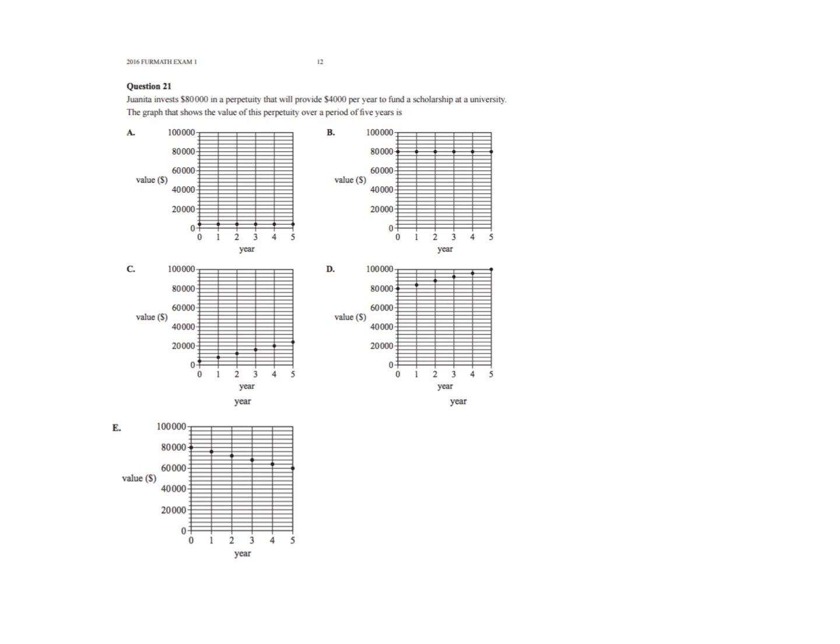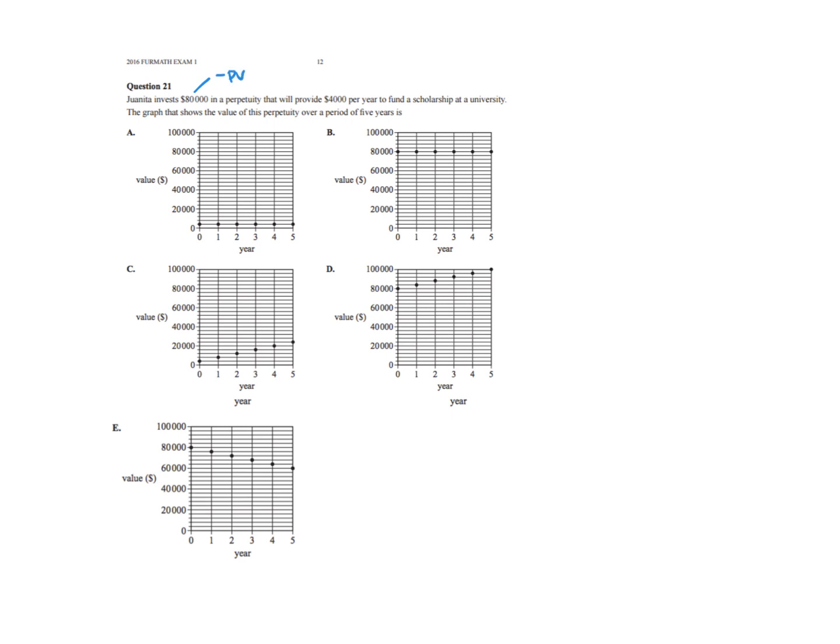I can't say these names. You want to invest $80,000 in a perpetuity that will provide $4,000 per year. So remember, a perpetuity is an investment, so that will be a negative PV, and it will never change.